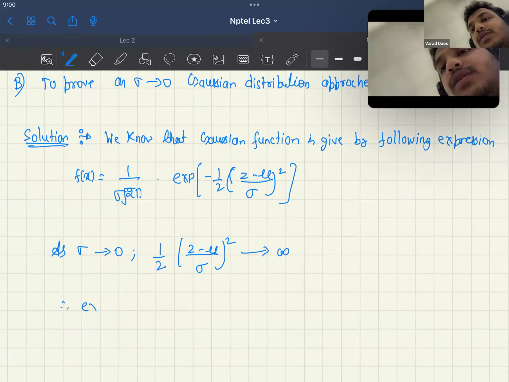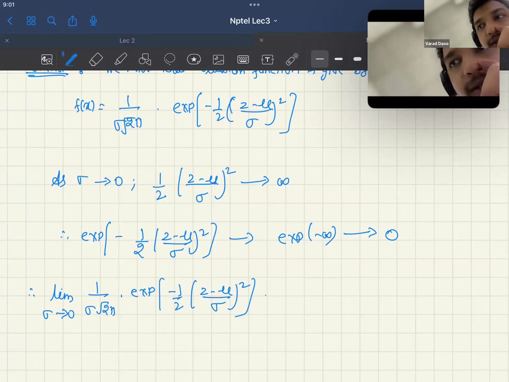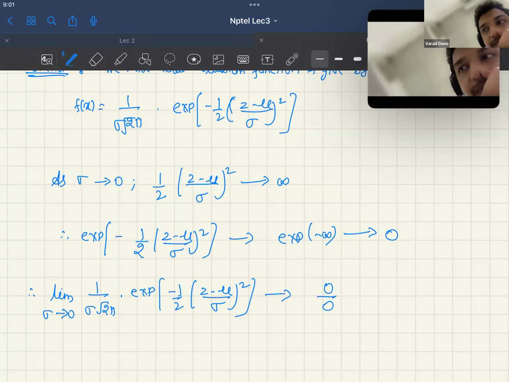Therefore, the limit as sigma tends to 0 of 1 by sigma root 2 pi into exponential of minus (1/2)((z minus mu)/sigma) whole square approaches a 0 by 0 form.